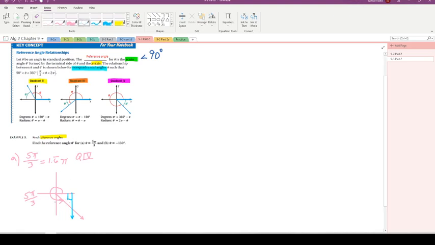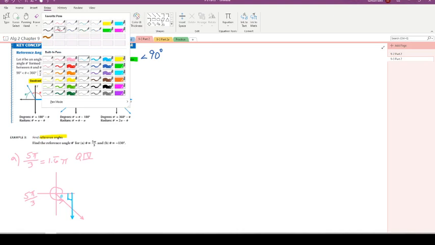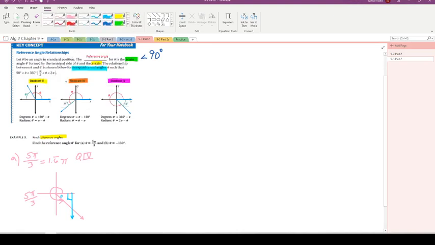So what am I looking for? I'm looking for this angle right in here. Remember that it's in quadrant 4, okay? And if that's in quadrant 4, and I'm talking in radians, I need the following. Let's change this to red.